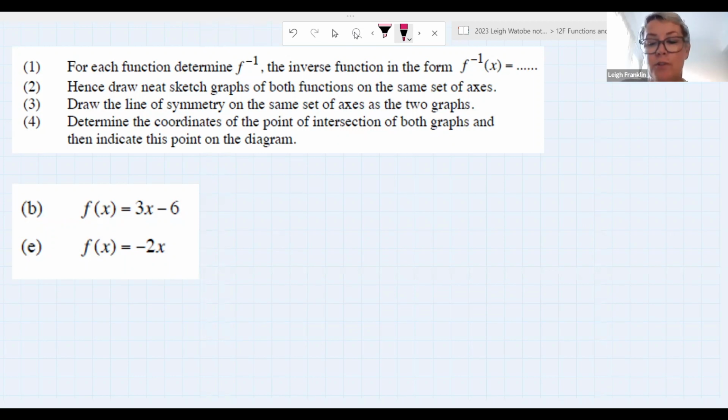All right, so I'll just wait another couple of minutes or so, just give most people a chance to finish, and then we can look at the answers and move on.